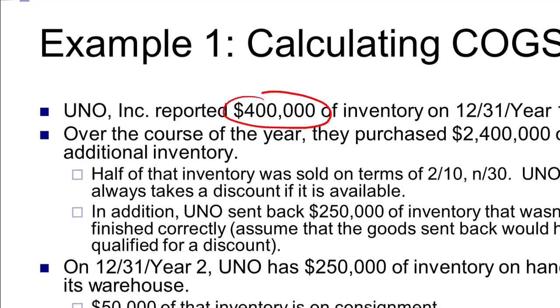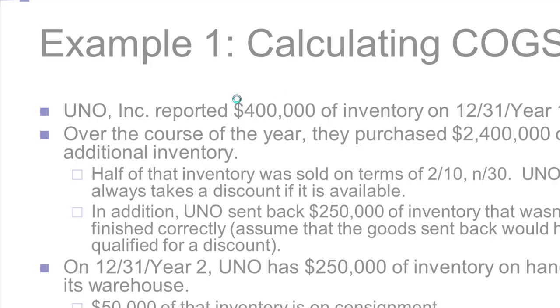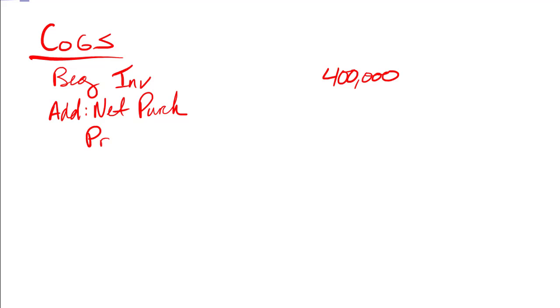So we would start with a cost of goods sold heading, and we'll start with beginning inventory, and that was given to us. $400,000 is beginning inventory, so I'm going to put that in: 400,000. Next, I'm going to add my net purchases, and the first part of net purchases, of course, is gross purchases, and they were $2.4 million.